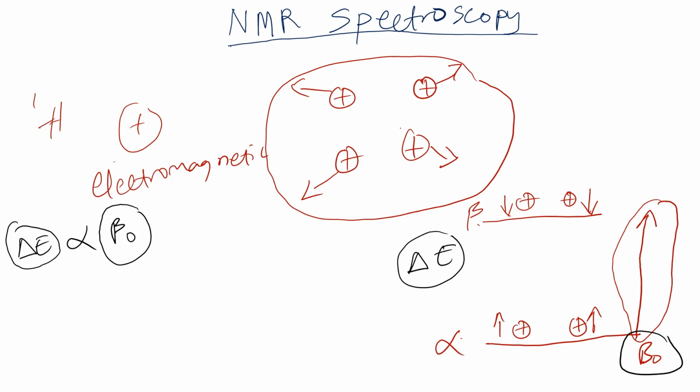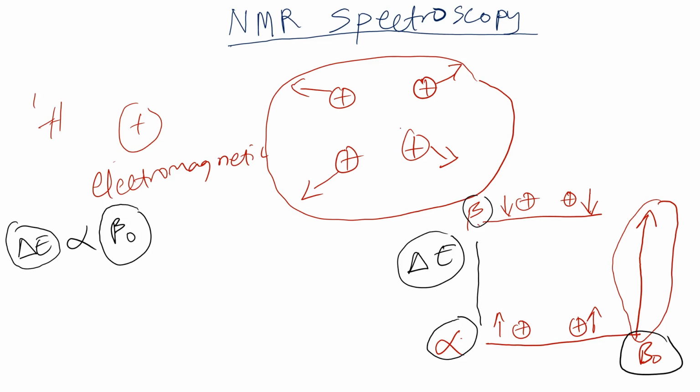Now, these protons can actually switch from one spin state, the alpha spin state, to the beta spin state. What does it take for an alpha spin state proton to switch to a beta spin state? It takes what is called radio frequency.